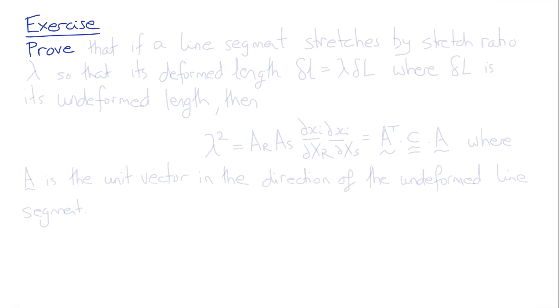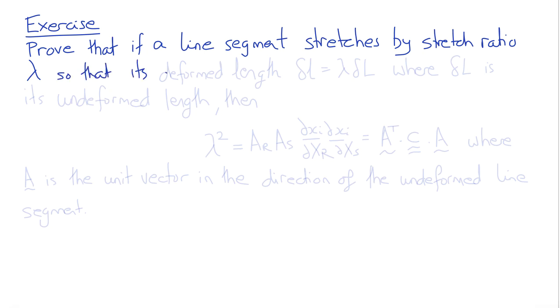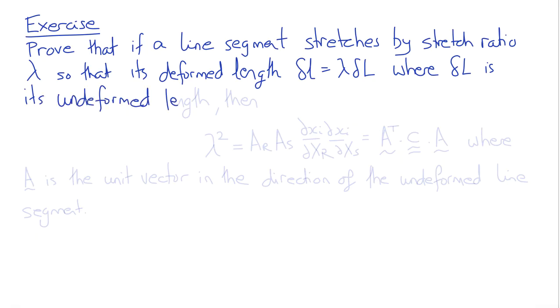This next example is more of a proof or exercise, and the exercise is to prove that if a line segment stretches by a certain stretch ratio lambda such that it is deformed from an undeformed length of delta capital L to a deformed length of delta little l, so that delta l equals lambda delta L, where delta L is the undeformed length.